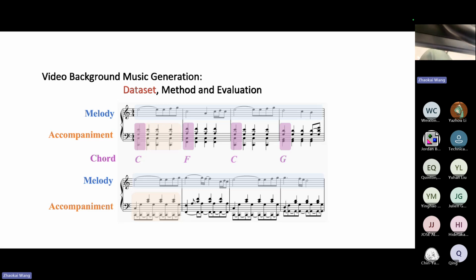The dataset is basically where we try to decouple the melody, accompaniment and chord in the music. For piano music, you can always extract the melody and accompaniment, and from the accompaniment, you can extract chords.